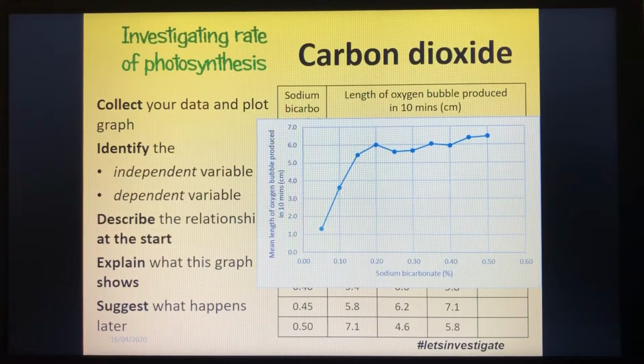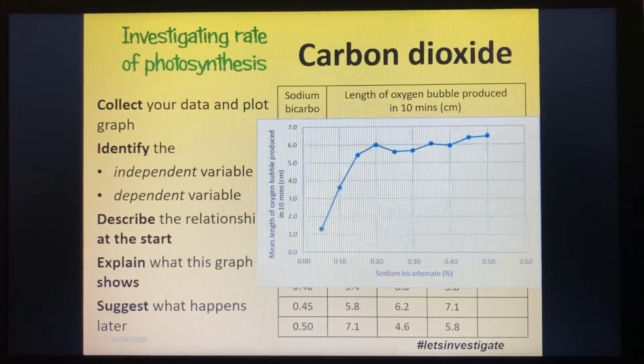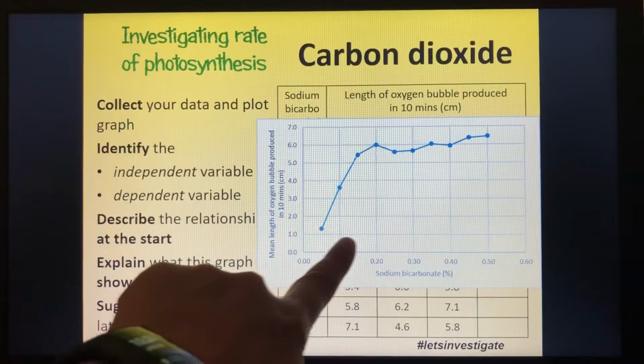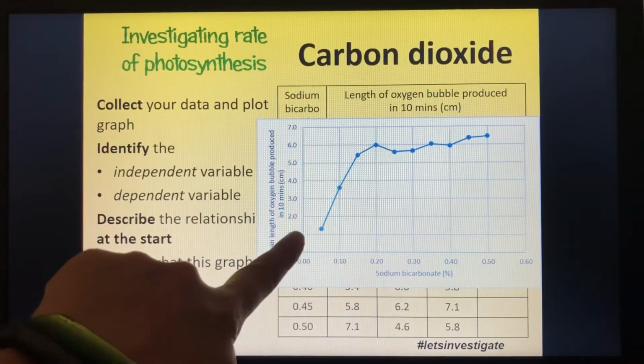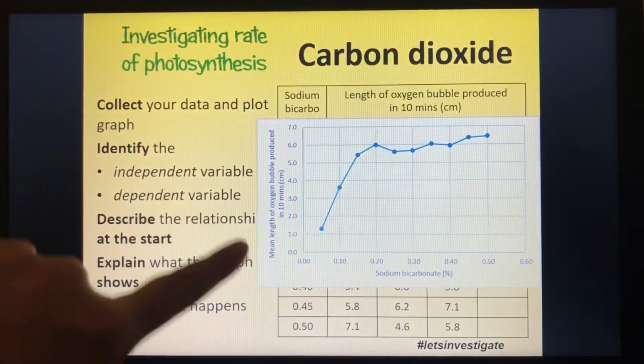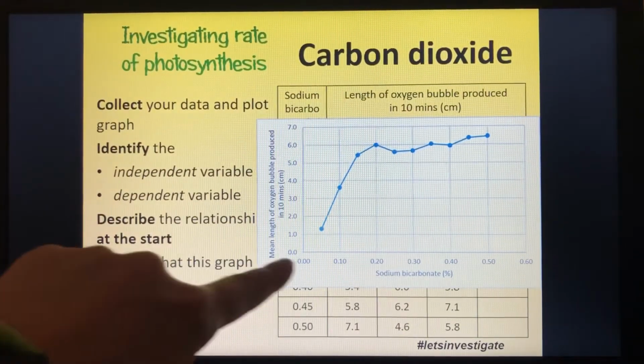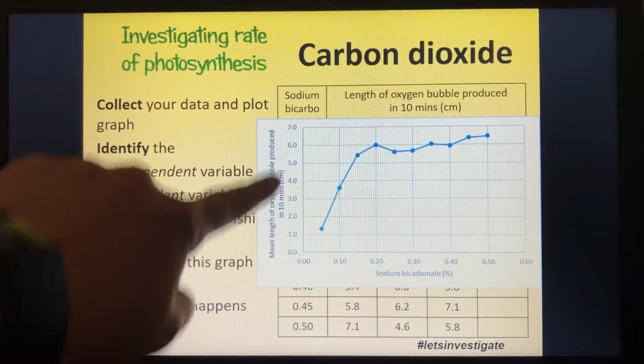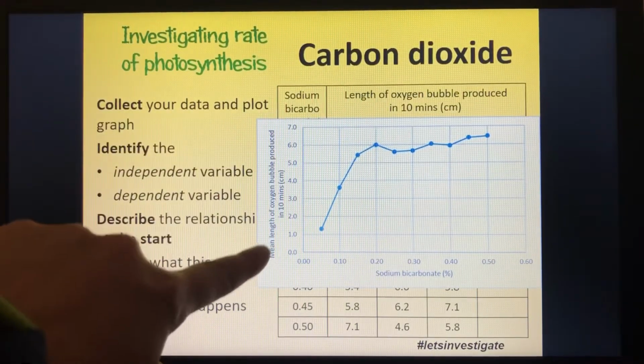The dependent variable is the amount of oxygen that was produced, and to describe the relationship at the start, as sodium bicarbonate increased, so did the amount of oxygen produced, which then means that there was a faster rate of photosynthesis.